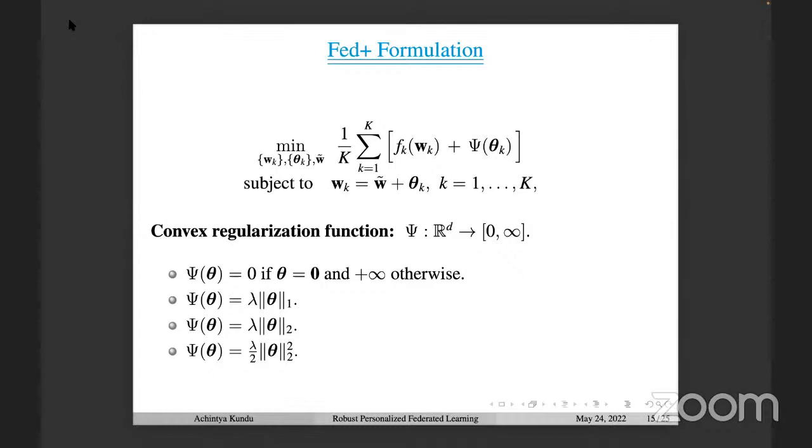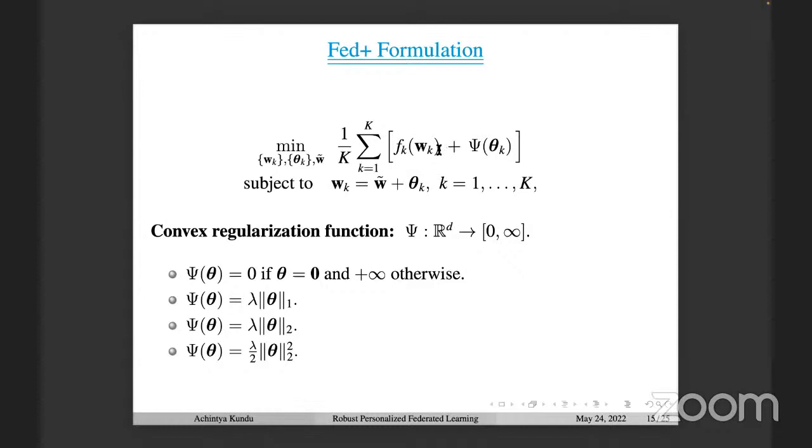Oh yeah, I see. So first of all, by personalized here, we mean that the WK is triggered to optimize only the objective function FK. If you remember, earlier we were trying to have one W tilde which is getting optimized across the FKs.